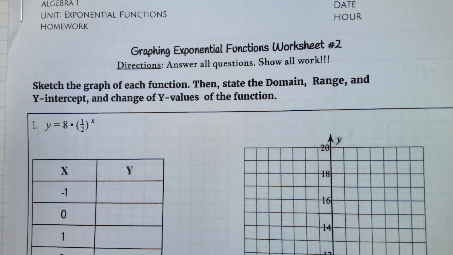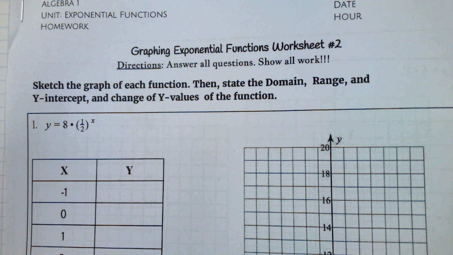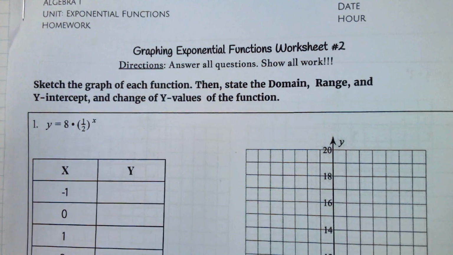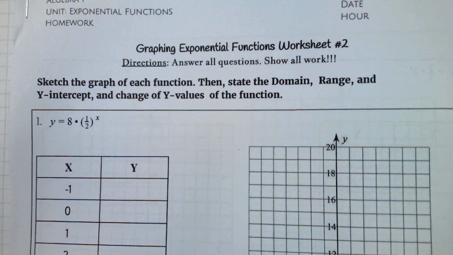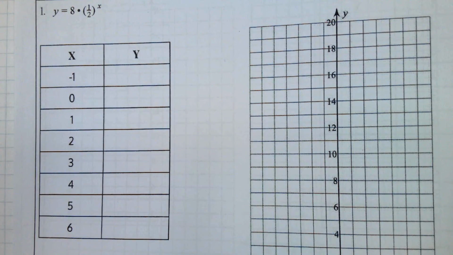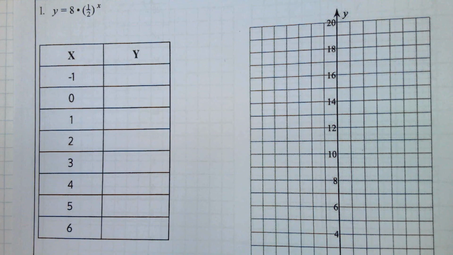So we have this first function that we're going to graph, y equals 8 times 1/2 to the x. Okay, we're going to do the following. We're going to make the table, build our graph, state the domain and range, figure out where the y-intercept is as a coordinate, and we'll also write the equation.